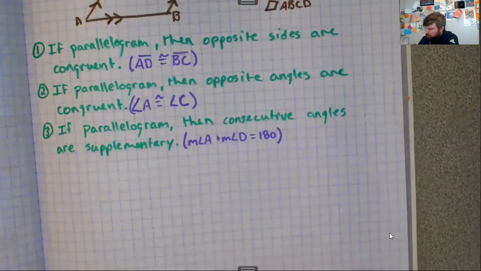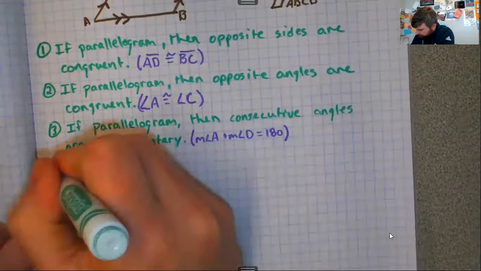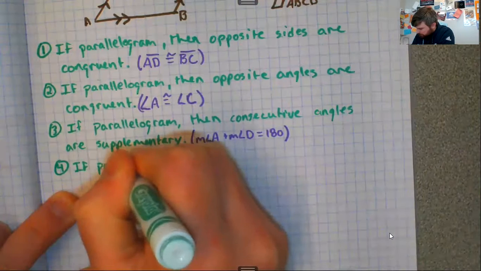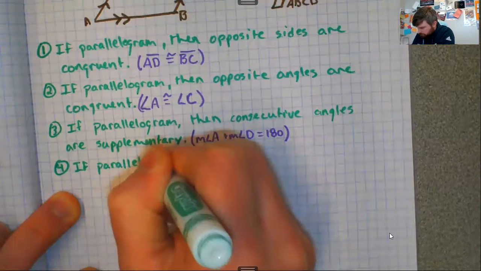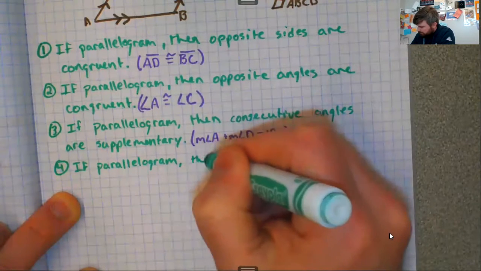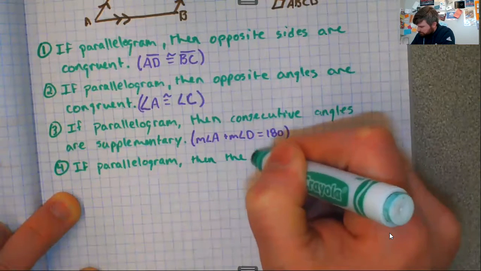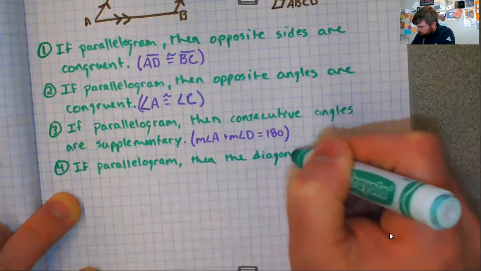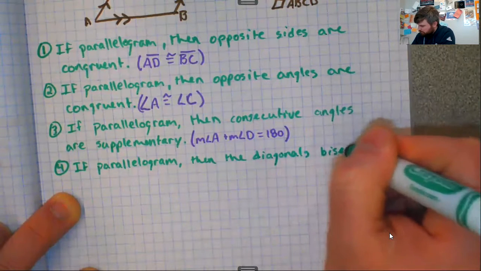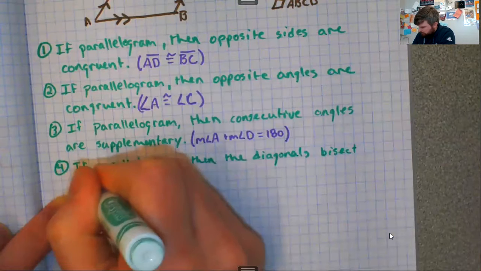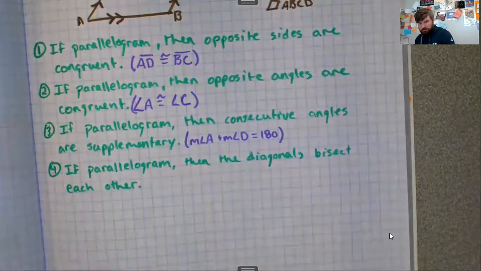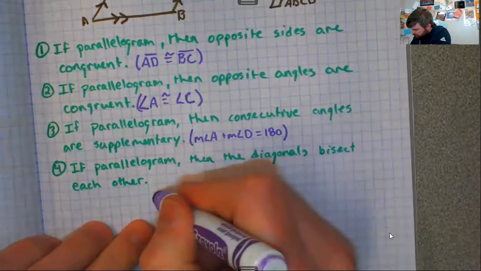And our last one, number 4, if you have a parallelogram, then the diagonals bisect each other. Okay, so I'm just going to draw an additional parallelogram down here.